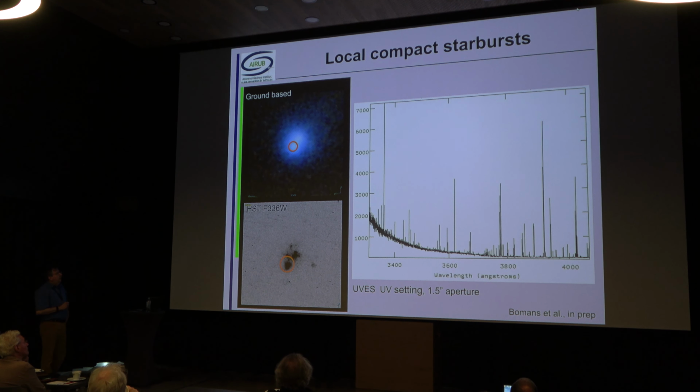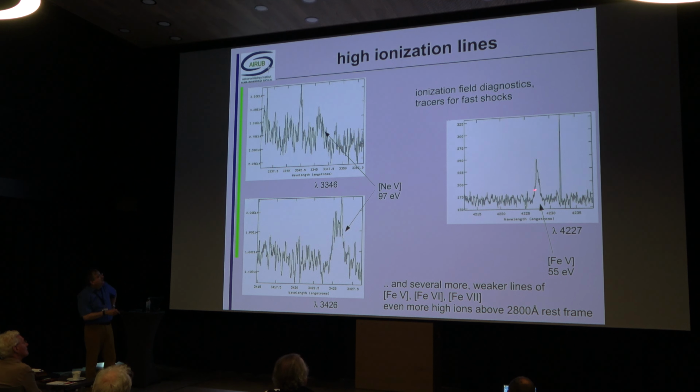Here, the iron 5 line is there too. This is easy, 4227. And we have 7 weaker lines of iron 5, iron 6, iron 7. So this is really interesting if you are interested in hot gas and hard ionization fields. And it is a mostly unexplored region because of the difficulty to build instruments.